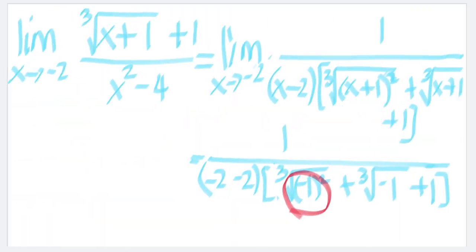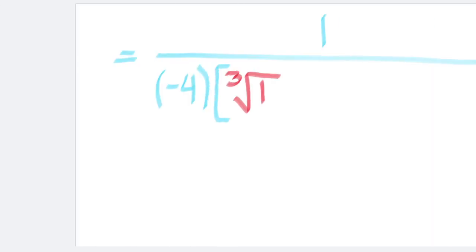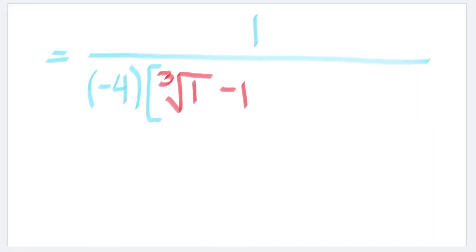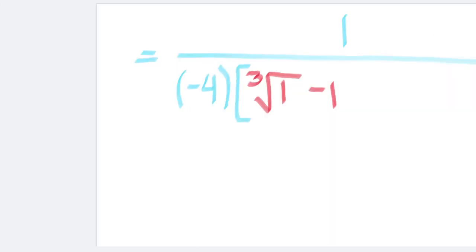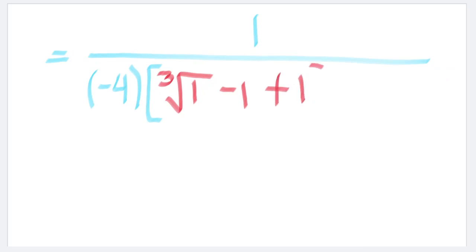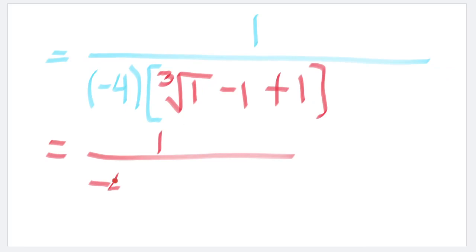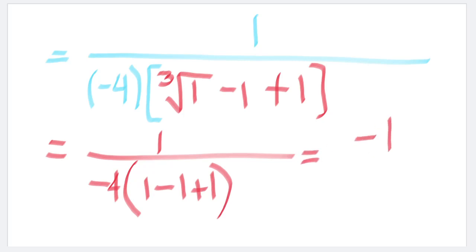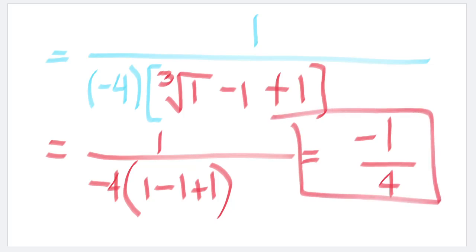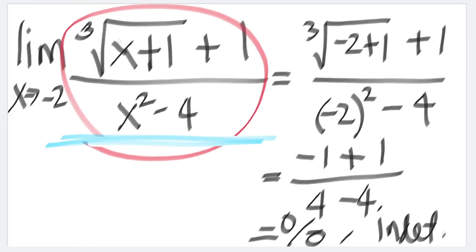And of course, cube root of negative 1 is negative 1. So minus 1 plus 1. This is equal to 1 over negative 4 times cube root of 1 is 1 minus 1 plus 1. And that is equal to negative 1 over 4. So this is your limit of this function.